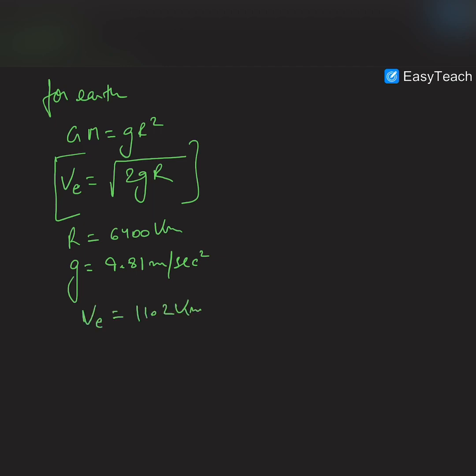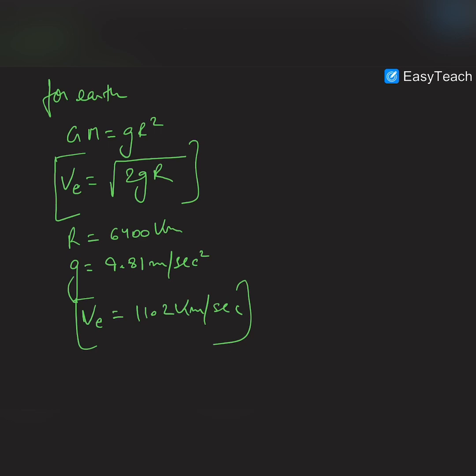11.2 kilometers per second. So if we project a particle from the surface of Earth in such a way that there is no atmosphere around the Earth, because obviously we have not considered the atmosphere here, because if there is air, then some part of the kinetic energy would also be lost in work done against air resistance. In fact, most of the kinetic energy will be lost in work done against air friction.